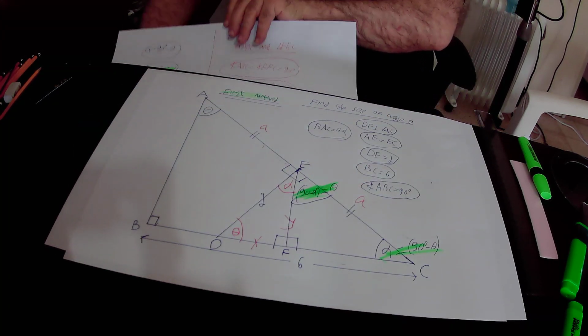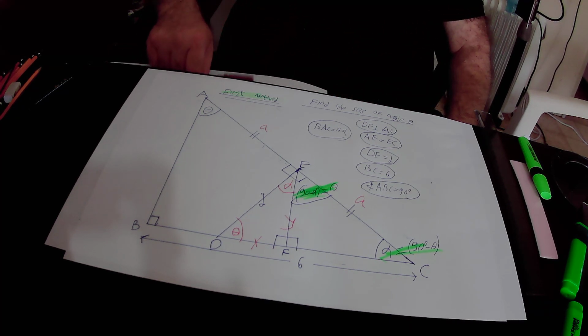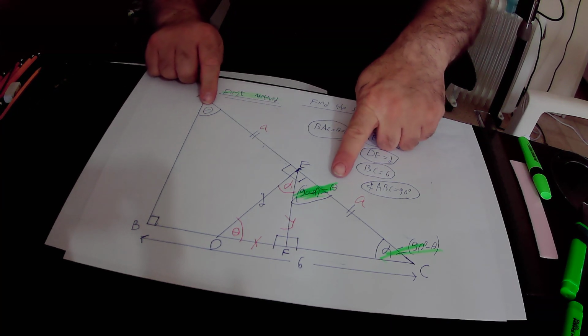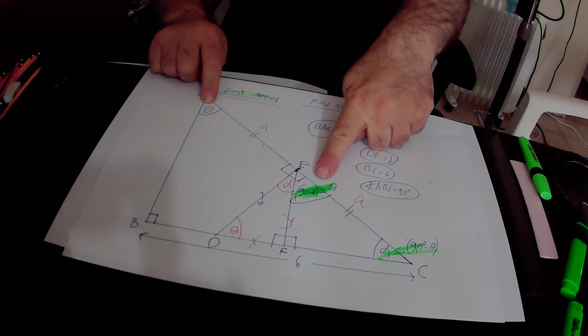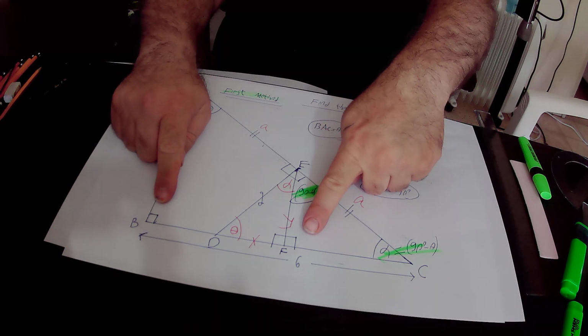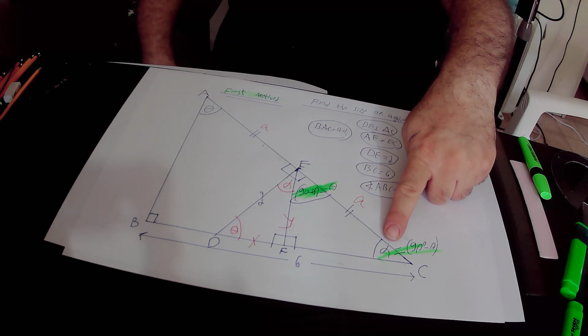So all three angles of the right triangle ABC can go into all three angles of the right triangle FEC. Both those two angles are equal to each other, they are equal to theta. Both those two angles are equal to each other, they are equal to 90 degrees. And finally, this is a common angle that belongs to both triangles.